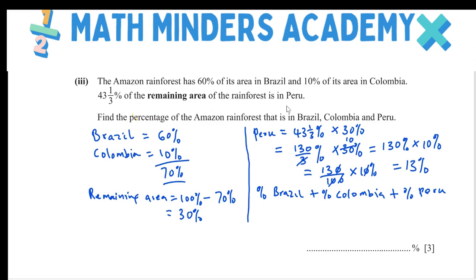In Brazil, we have 60. In Colombia, we have 10. And in Peru, we have 13%. So altogether, this is going to give us 83%. So 83% is going to be the final answer, and we enter it here.